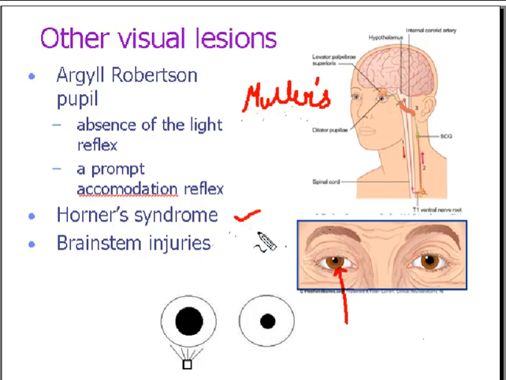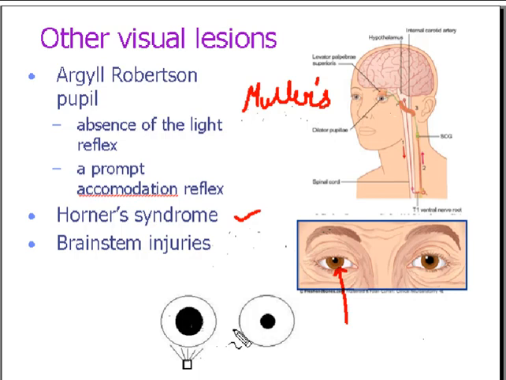Now in brainstem injuries, if you look at this in the actual PowerPoint, you'll see that this is not reactive. In brainstem injuries, it is the parasympathetic part which is damaged in the third nerve. These parasympathetic fibers are present along the superficial part of the third nerve, that means on the outer side. So they are the ones which are first damaged in any brainstem injury.